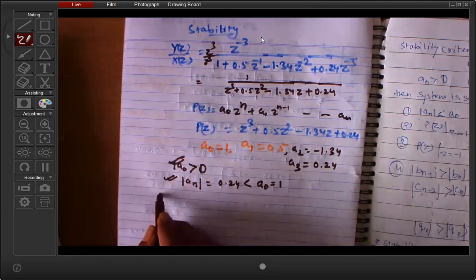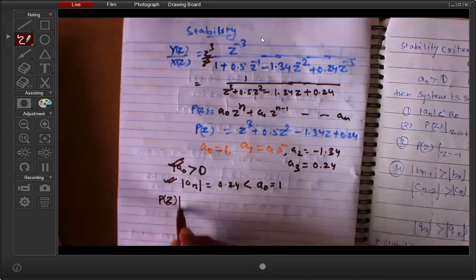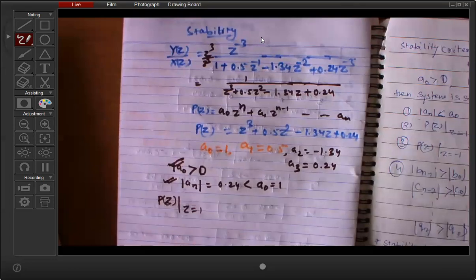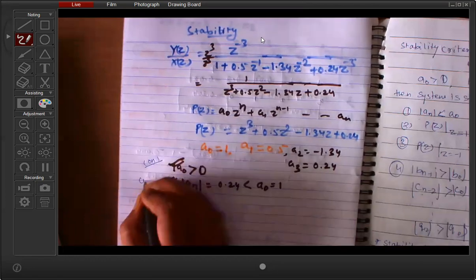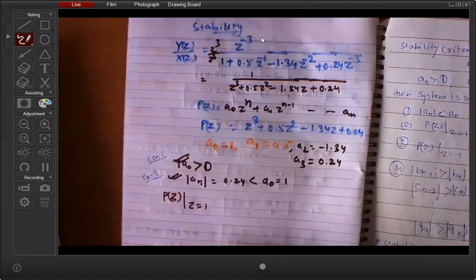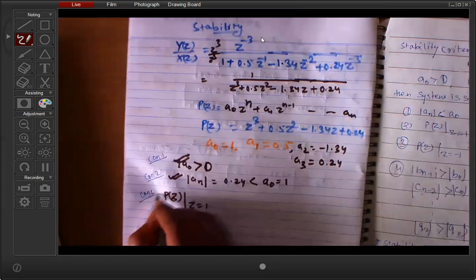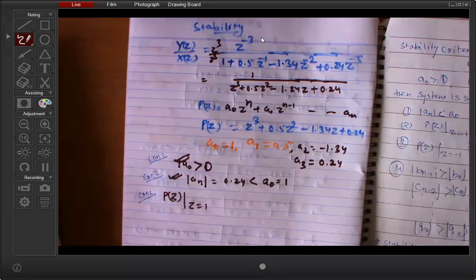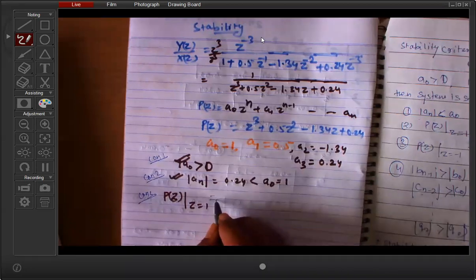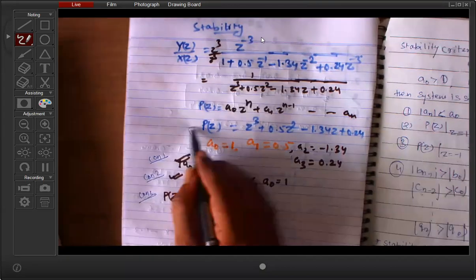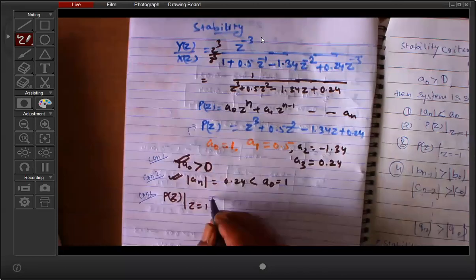Third condition: P(z) at z is equal to 1. What is the magnitude of P(z) at z equal to 1? We have to put z equal to 1 in the characteristic polynomial.